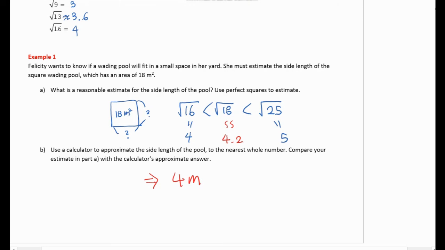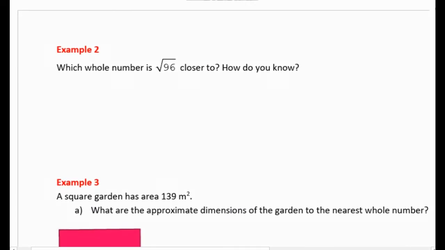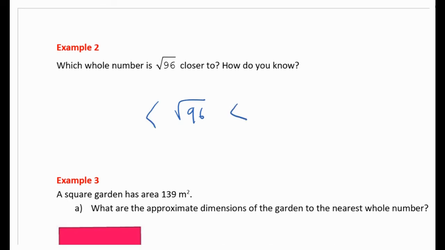Alright, so let's move on to example 2. So we have square root of 96. So which whole number is square root of 96 closer to? In between what two perfect square numbers should we place square root of 96?